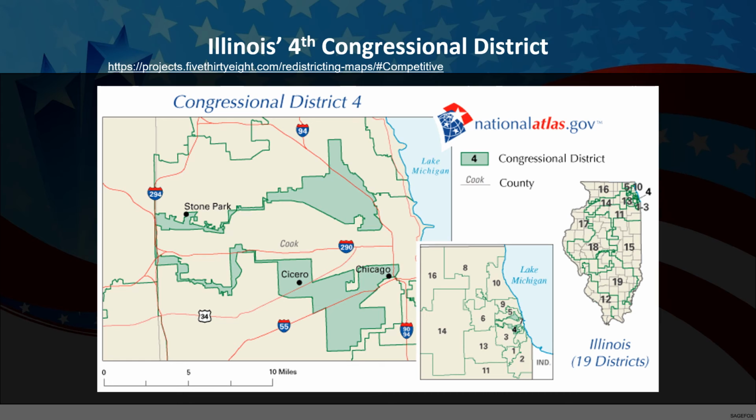There are no houses, there's no property on either side of Interstate 294 that are included in this, but they basically drew the line down this interstate in order to connect these two different groups. And basically what you see is the earmuffs are Hispanic districts. And so they have drawn this district in a way that you have a majority Hispanic congressional district in the state of Illinois. And again, at this point, that has been viewed as acceptable.